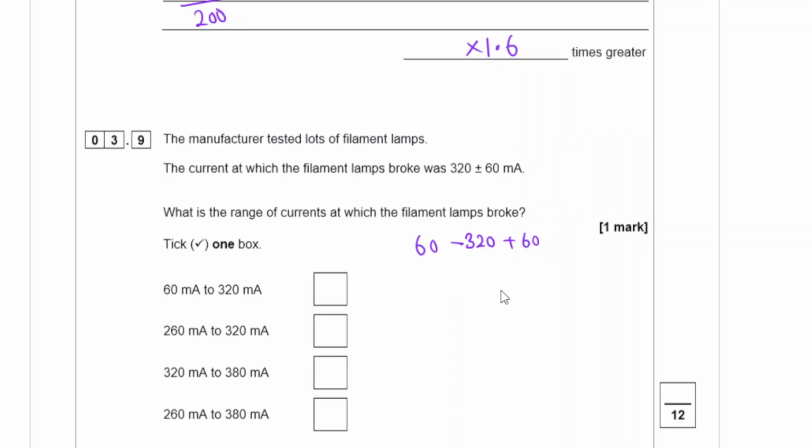Now that would give me 380 and 260. Right, 260 to 380. That's the last one. That brings us to the end of question number 3.